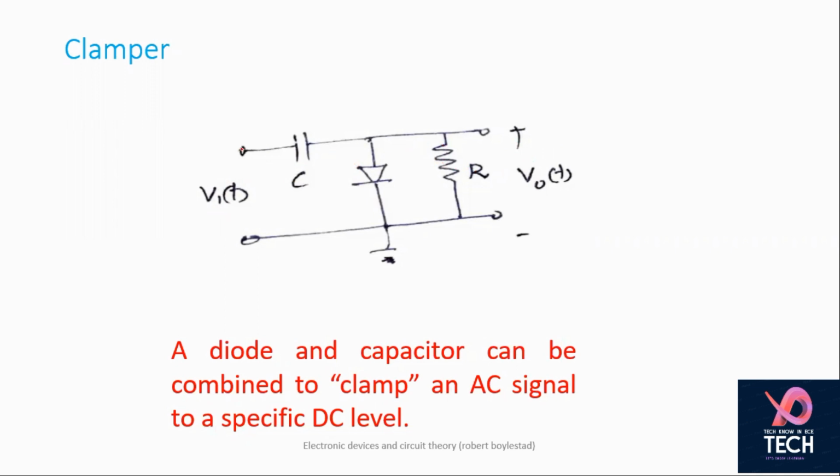What is important is how it works: it does not alter the shape, as a clipper does. In a clipper, some portion is eliminated as per the requirement, while in a clamper the shape of the input remains unaltered at the output, and only the level is changed. So that is all about the clamper.